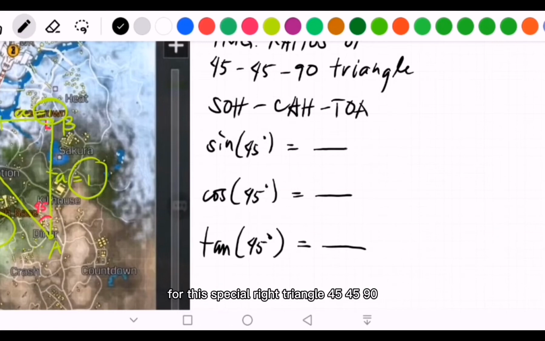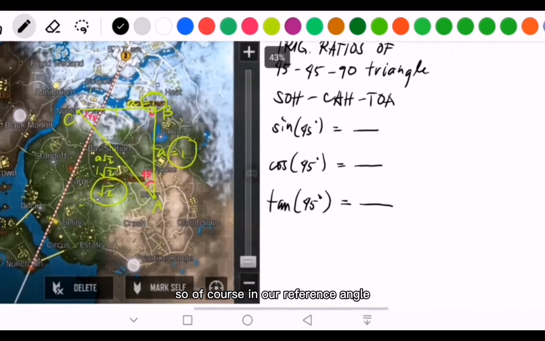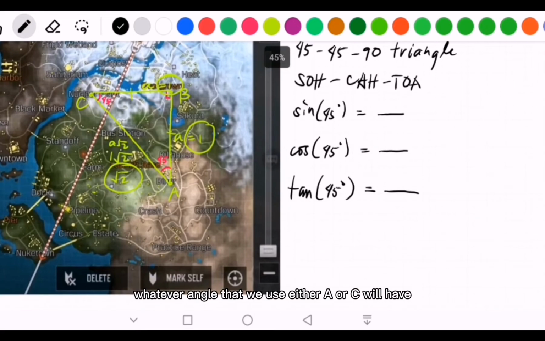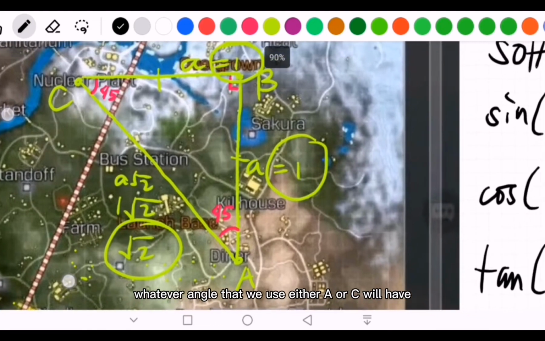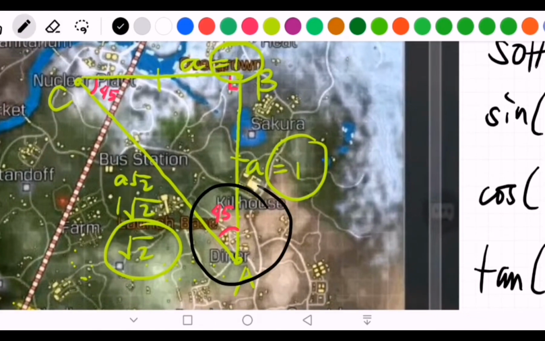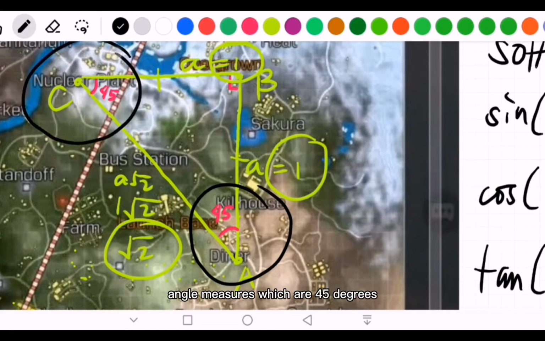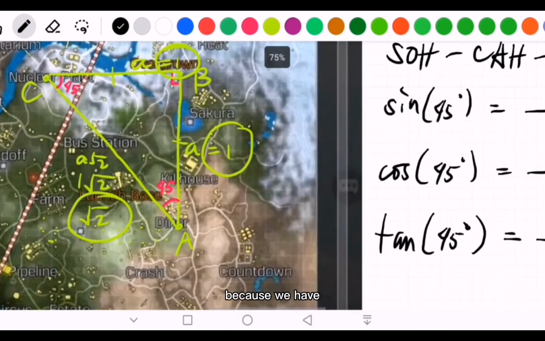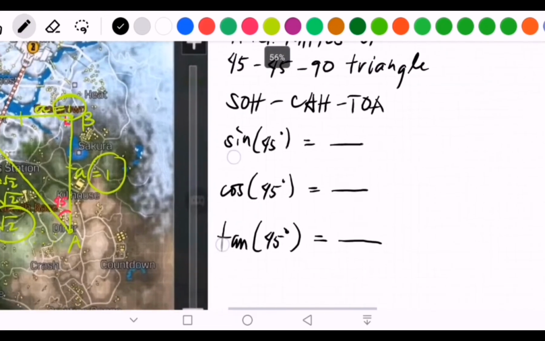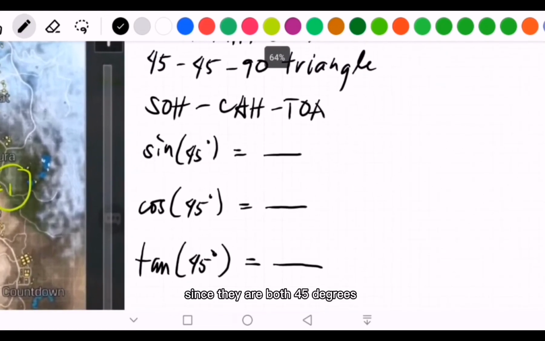Of course, in our reference angle, whichever angle we use, either A or C, will have the same angle measure, which is 45 degrees. Whichever angle we use will still end up with the same result because we have two congruent angles here. Angle A and angle C are congruent since they are both 45 degrees.